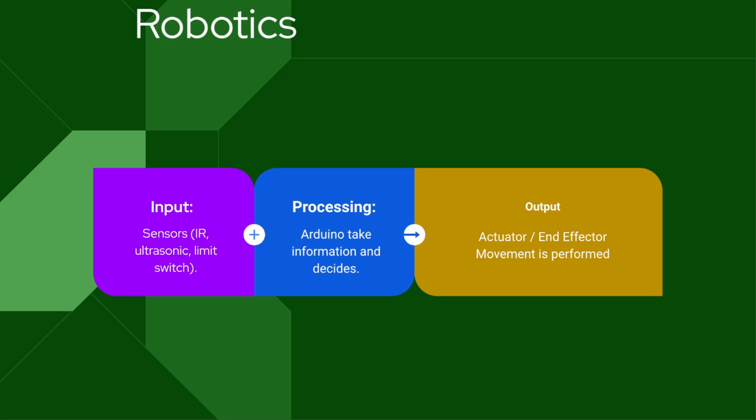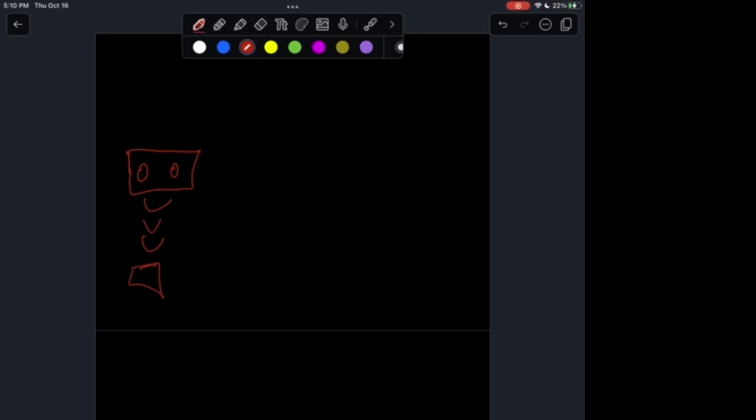So for example, let's look at this. When we look at a distance sensor, let's see here. We'll draw a little distance sensor dude. He has his little eyes. And he is detecting an object that is like 30 centimeters away.